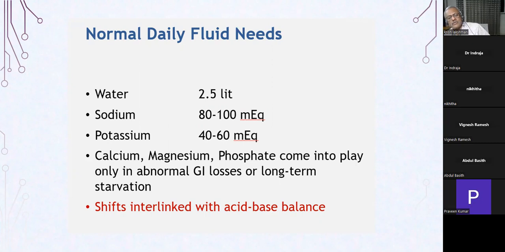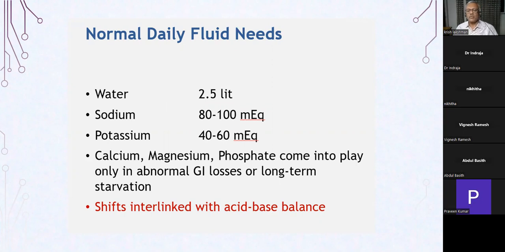Let me chip in here. The point she's trying to make is that while we are discussing only electrolytes in this class, they are closely intertwined with acid-base balance as well. We will have a discussion on acid-base balance sometime, but please note that there is no independent change in the electrolyte balance in the body without a concomitant change in the acid-base balance.